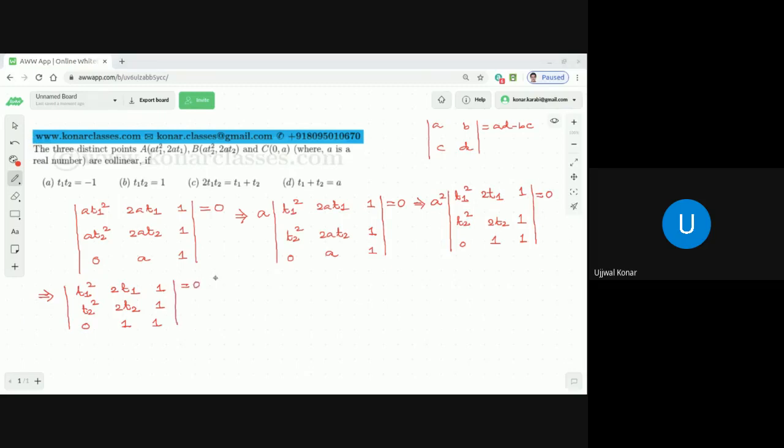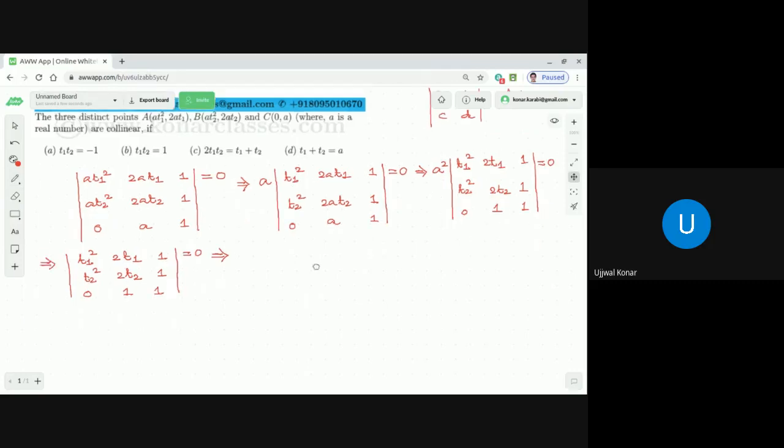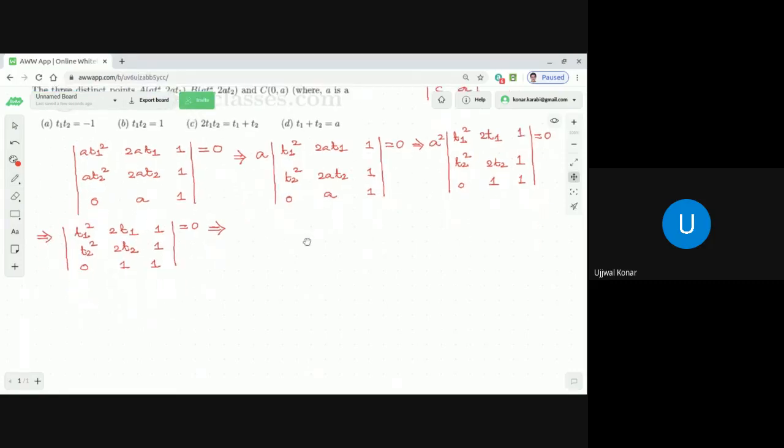Now what we can do is expand the determinant with respect to the third row also, because it has a 0. At the same time, as you are new to the determinant, let me do it with respect to the first row. Once we are comfortable with determinants, we can use some other properties so that our computation is reduced.